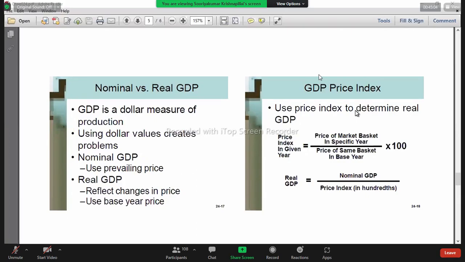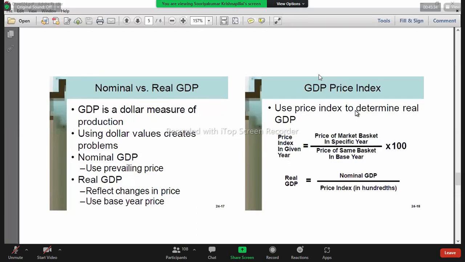Then they value that basket for each year. They take 2000 as the base year and value that basket of goods by the 2000 year price. Then each year they value that same basket of goods at that year's current price.